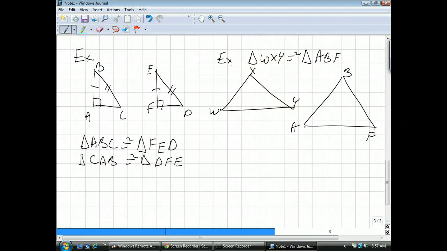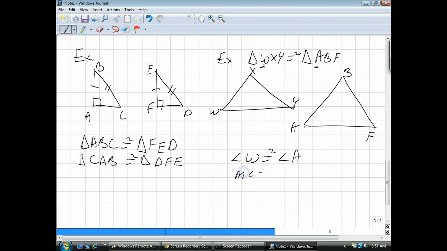And again, my pictures don't look exactly right, but I'm telling you that they are congruent. So because I know they're congruent, I know that angle W has to be congruent to what angle? Okay, well, W corresponds to A, so it has to be congruent to angle A.